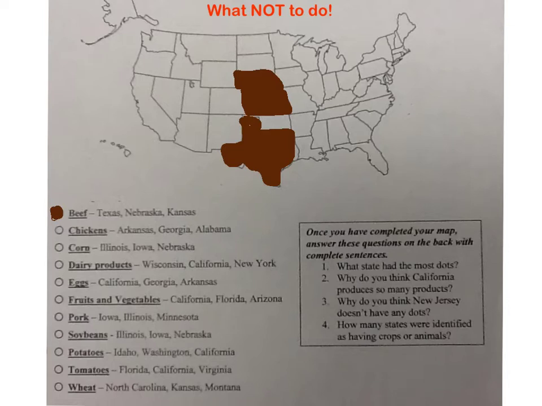If you shade the entire state, as this example shows, when you get to another item, for example, corn, and realize that Nebraska also has corn, your state is already colored in, and this will not help you visualize the variety and amount of crops that are grown.